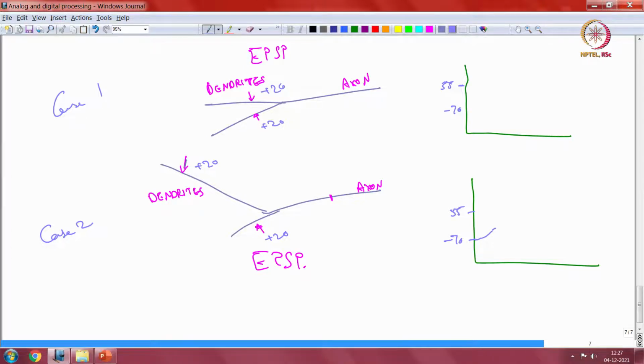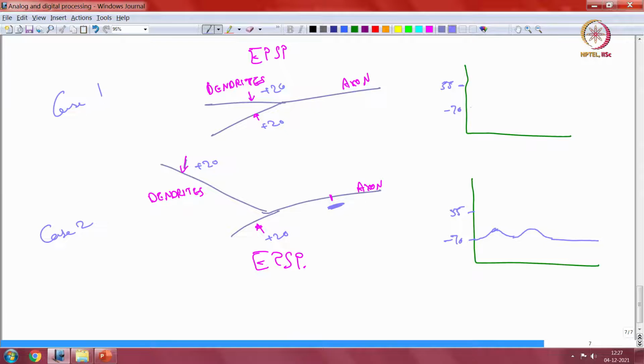There is a 20 which happens because this is closer, then it comes down. The subsequent 20 comes at a later point of time. So, you have only two small EPSPs, no action potential is generated in the axon, and no signal gets transmitted.